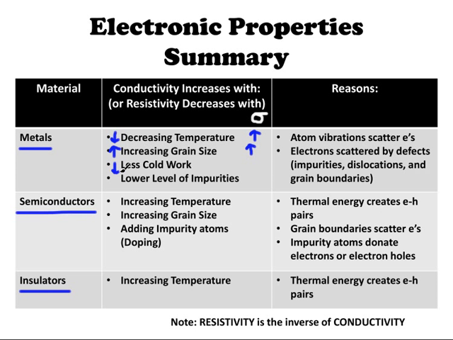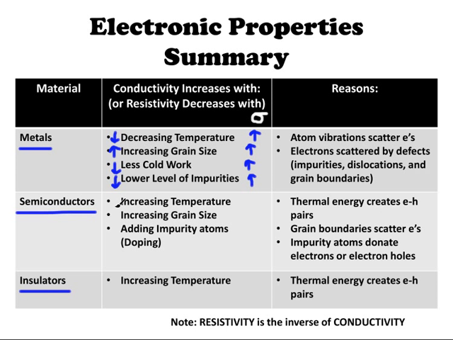When you reduce the cold work, it will increase the conductivity because less cold work means fewer dislocations, and when you have fewer dislocations, fewer electrons will be scattered by those defects. Finally, for metals, a lower level of impurity atoms will increase the conductivity because, again, when you have fewer impurities, those impurities will scatter fewer electrons.